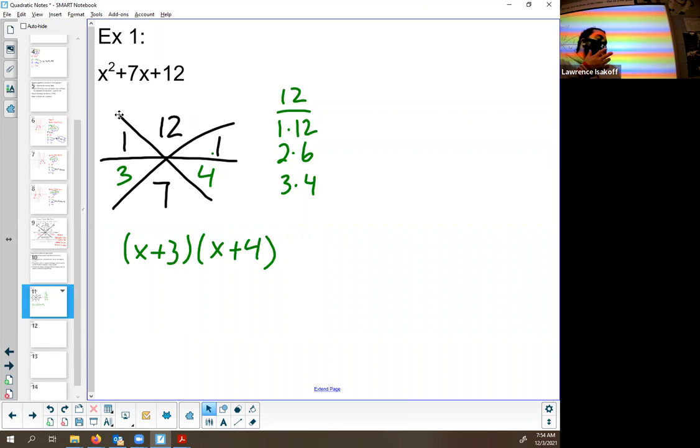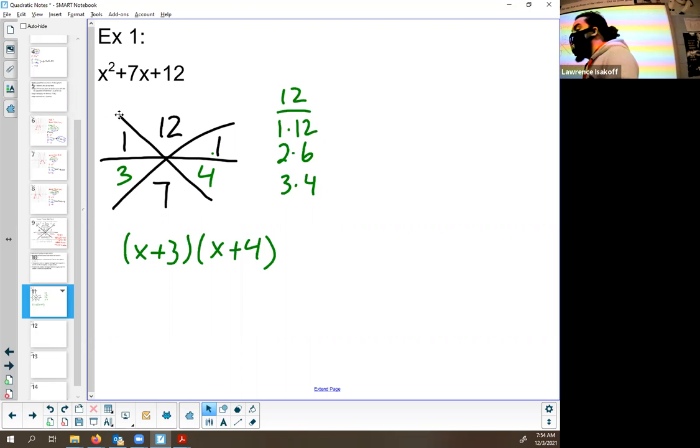If we were to do FOIL on this, it would return to this problem right here. So FOIL is one way to check. I'm going to give you another check using Desmos. It's actually the exact same way we checked our work with FOIL. Now, with FOIL, once you got the hang of it, you're like, I don't need to check that, that was easy.